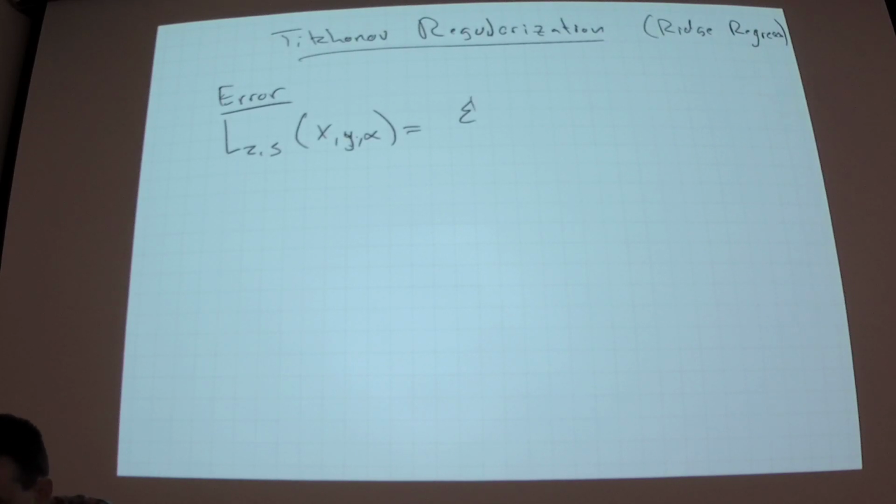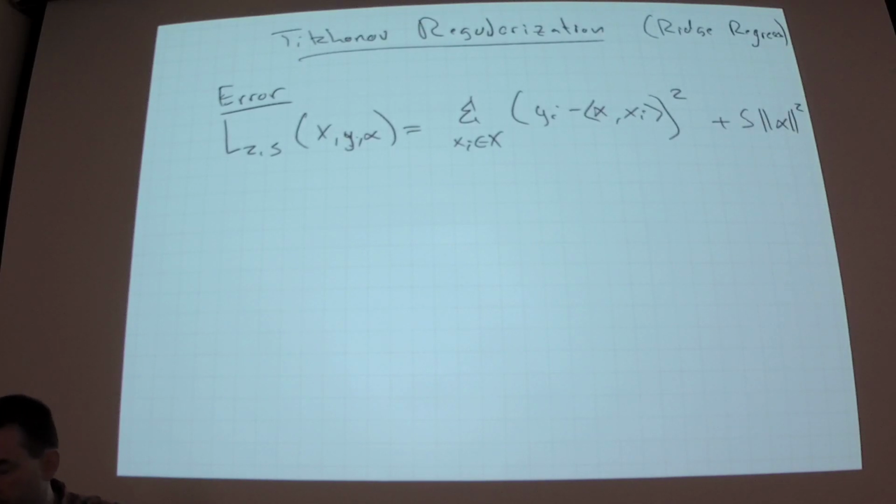Okay, it's going to be the sum of y_i minus x_i dot alpha. Right, so this part is the same, and the important thing is I'm going to add an extra term here.